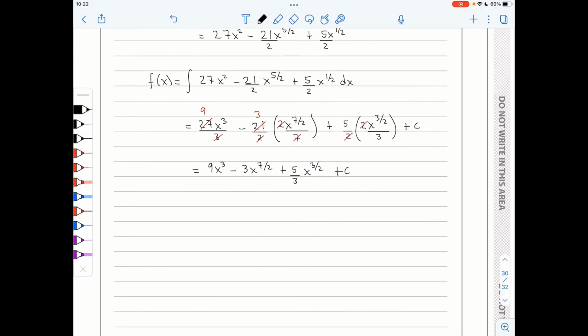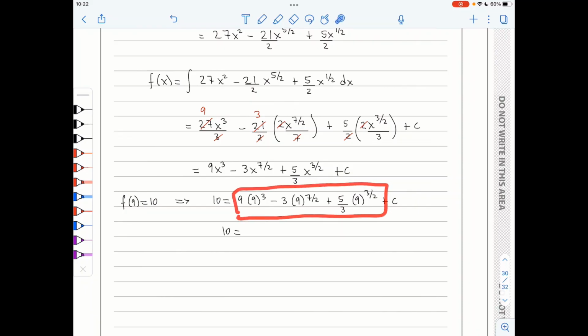So f of 9 is 10, which means that 10 is 9 times 9 cubed minus 3 times 9 to the 7 over 2 plus 5 over 3, 9 to the 3 over 2, plus c. So I will plug all of these onto the calculator.